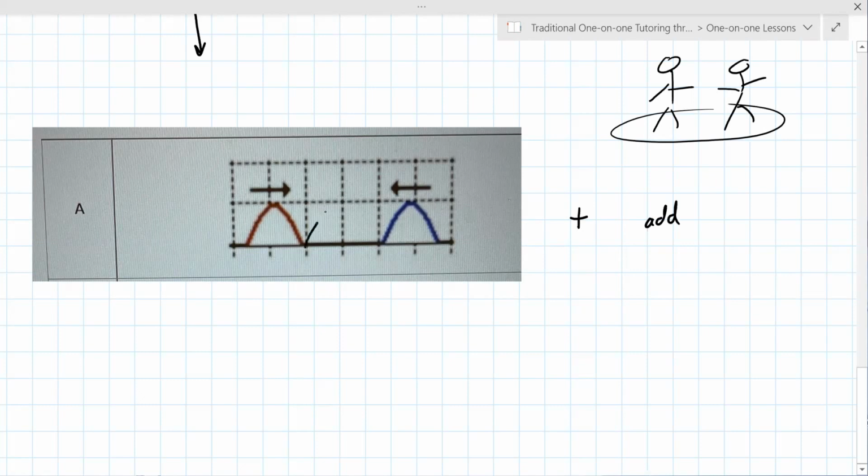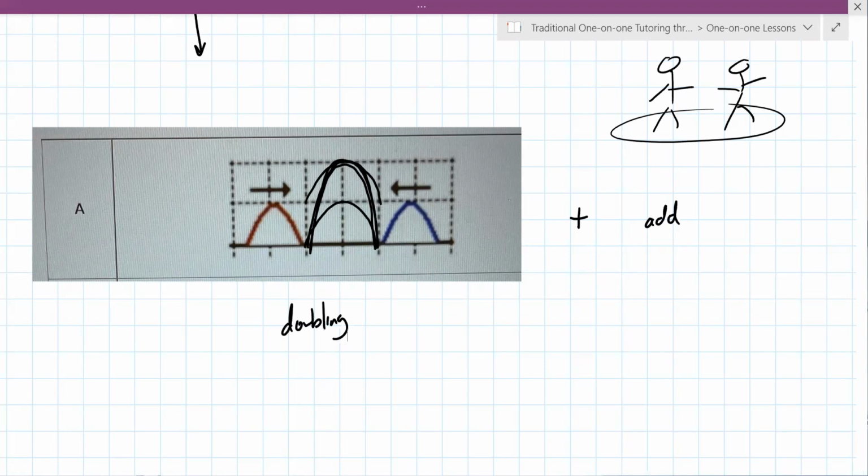So right here in the middle, that's the red one, and then the blue one is right on top of it. So the net is something that looks like this right here, where they combine together. So I don't know what the drop downs are, but something like that doubles the amplitude, some sort of doubling. Is that an option? It's smaller wave, no change, or larger wave. Larger wave.